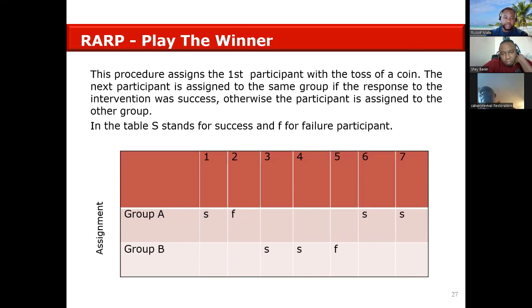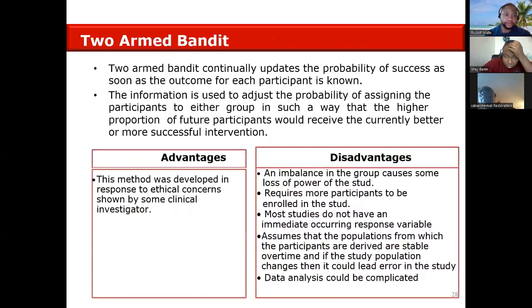They may have success, screen success, and screen failure, right? If we have screen success for patient 1 and patient 2 was a screen failure, then patient 3 got assigned to group B. Then group B also has success for numbers 3 and 4, then 5 a failure, then 6 and 7, respectively.